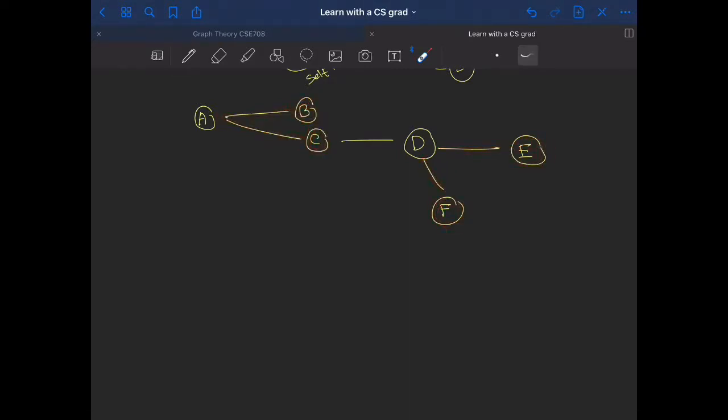So these are the neighbors of A, these two are the neighbors of D, and these two are the neighbors of B.